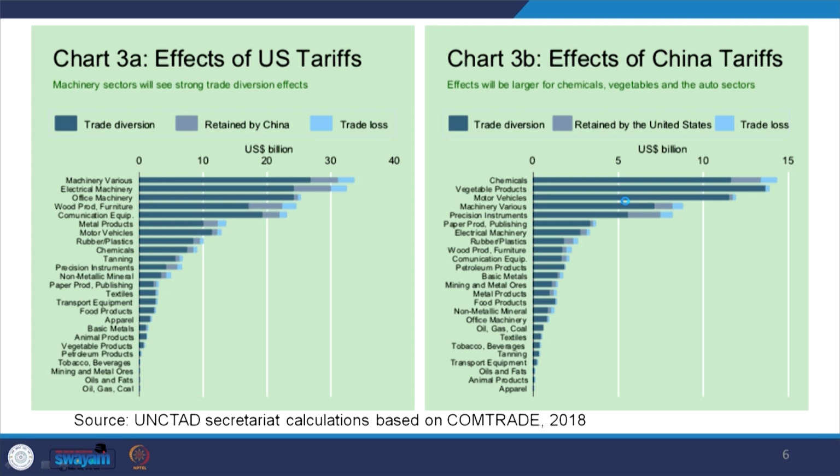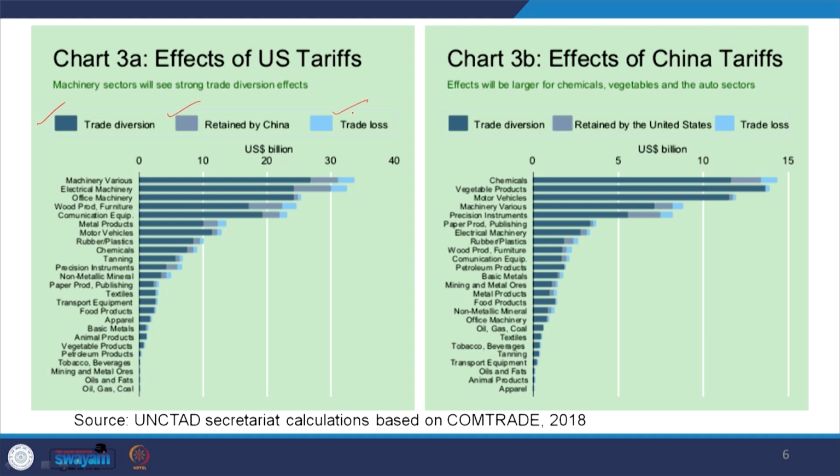Now, other effects of US tariff, let us examine by trade diversion, by return by China, or trade loss. These 3 aspects are explained. The deepest or contrast color explains trade diversion, which is written by China, and trade loss is highlighted in the lighter color.